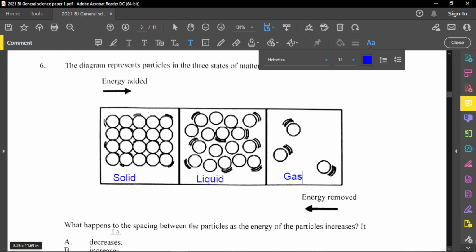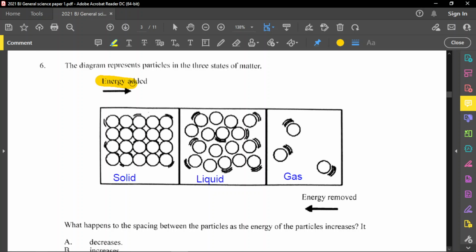All right, but the question asks what happens to the spacing between the particles as the energy of the particles increases. Just want to make a notation right here that energy is added going towards the right and energy is removed going towards the left. Based on the question, when the energy of the particles increases, that means moving from left to right. So as they move this way, what happens to the spacing of the particles?